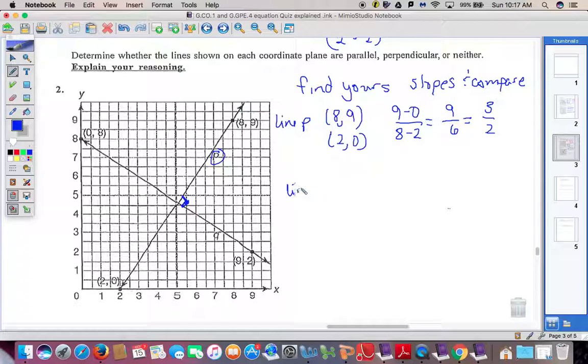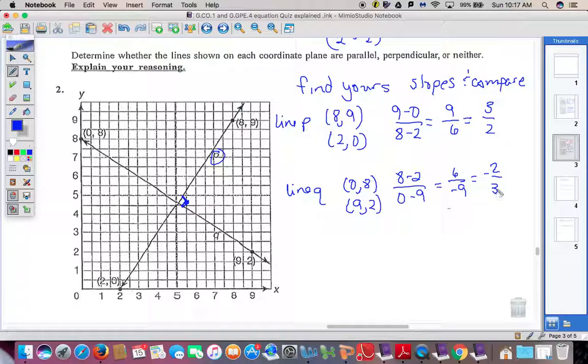Now if I look at line Q. Line Q has the two ordered pairs of 0, 8 and 9, 2. So again, I subtract my y values. So I have 8 minus 2 divided by 0 minus 9. 8 minus 2 is 6. 0 minus 9 is negative 9. If I reduce this, I get that this is equal to negative 2/3.